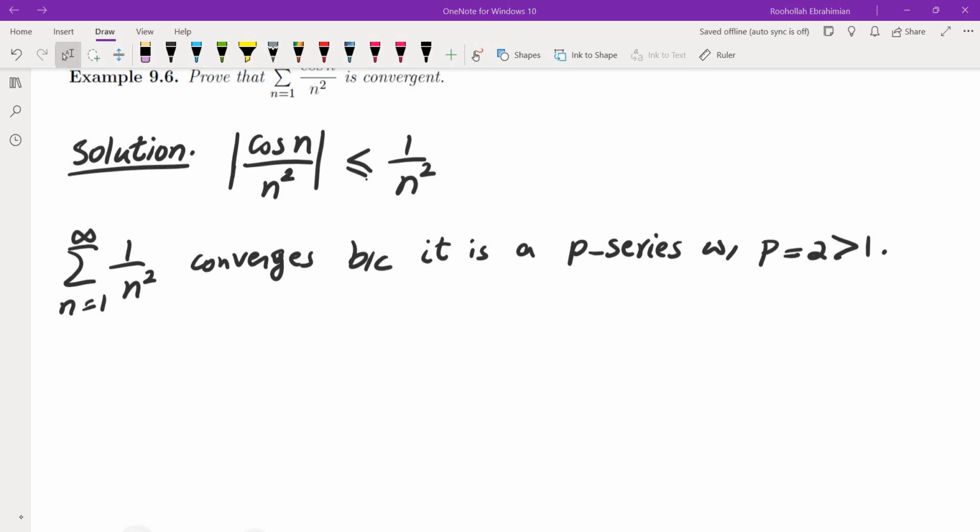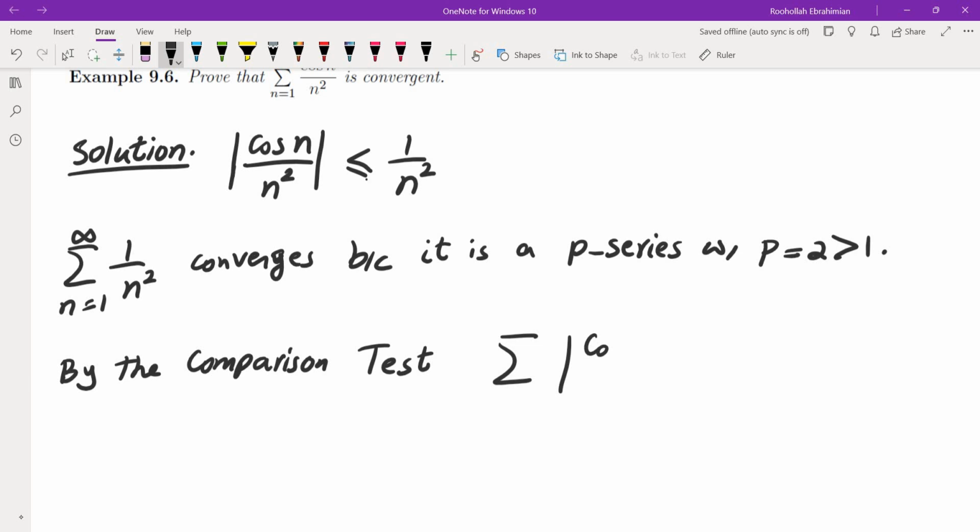So this converges. By the comparison test, the sum of the absolute value of cosine of n over n squared converges.